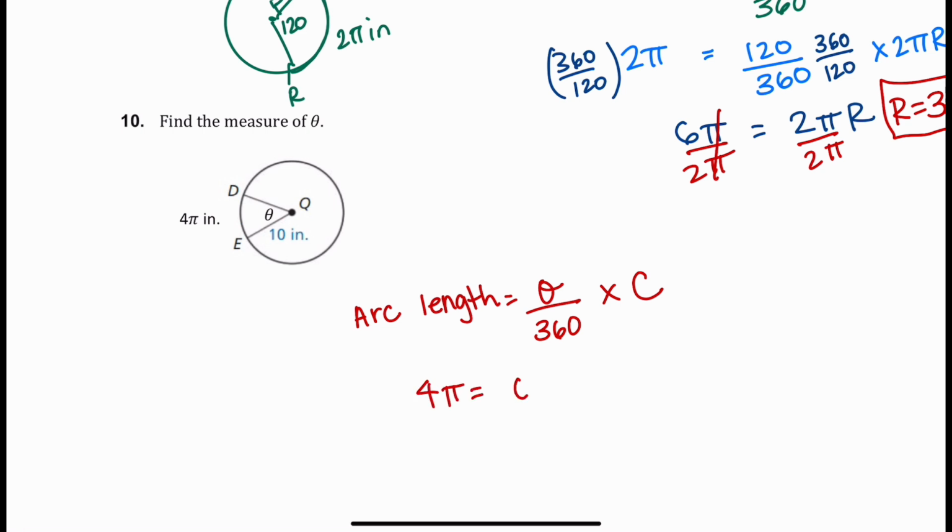My angle, we don't know. So I'm going to keep theta over 360. But I do know my circumference. My radius is 10. My diameter would be 20 because I'm going to times that 10 by 2. And circumference is equal to pi times my diameter, which is 20. So 20 pi would be my circumference.